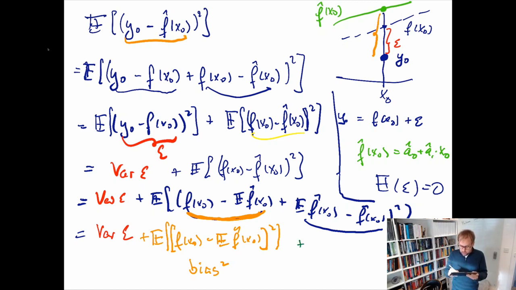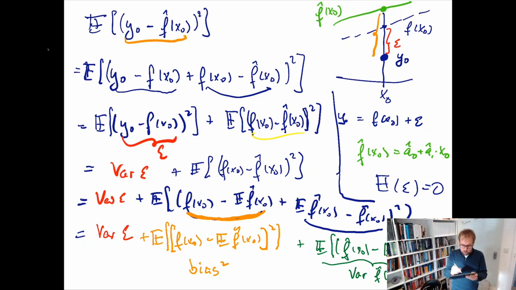This will be the expected value of f hat of x0 minus the expected value of f hat of x0, squared. But by definition, this is just the variance of f hat of x0.